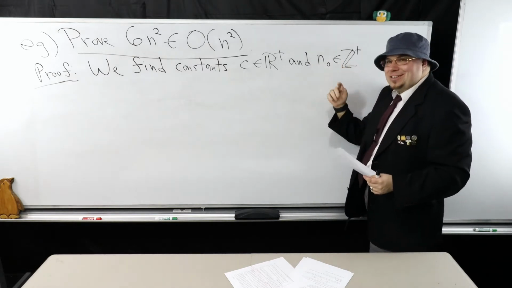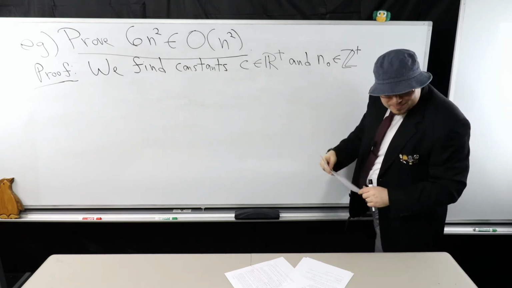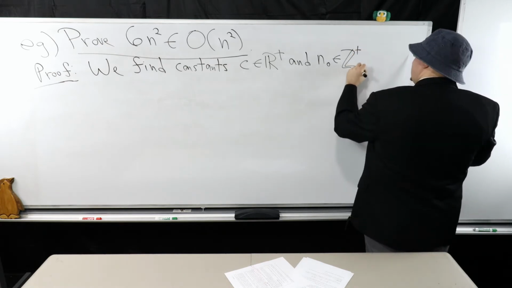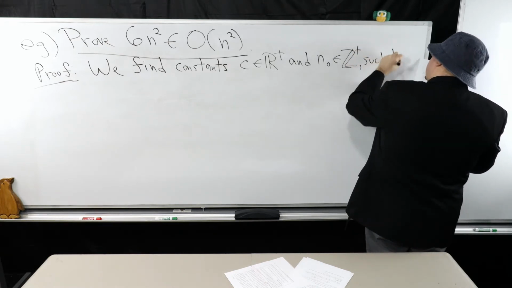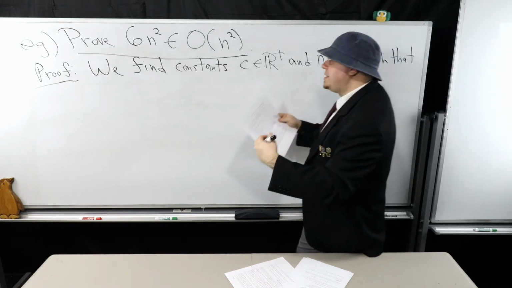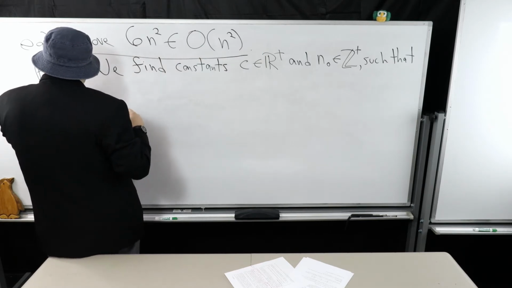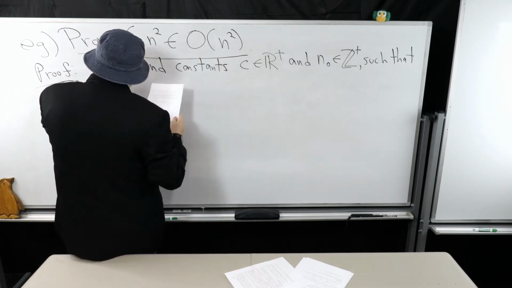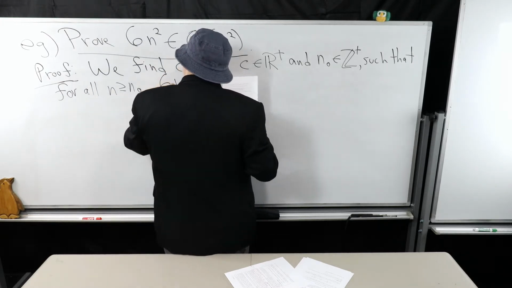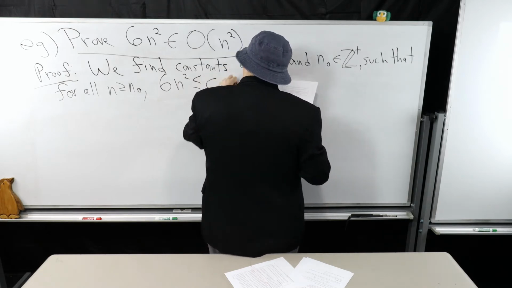No, because it's a positive integer. The smallest positive integer is 1. So we find these two constants such that, remember, all I'm doing is taking the definition and rephrasing it, such that for all n greater or equal to n0, 6n squared is less than or equal to cn squared.